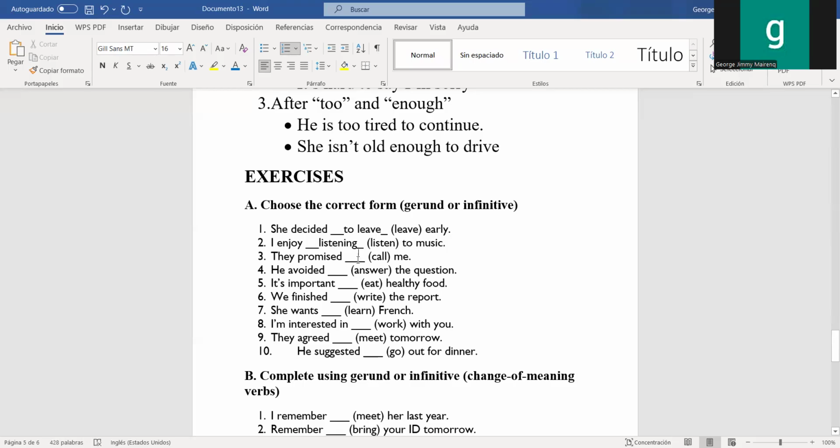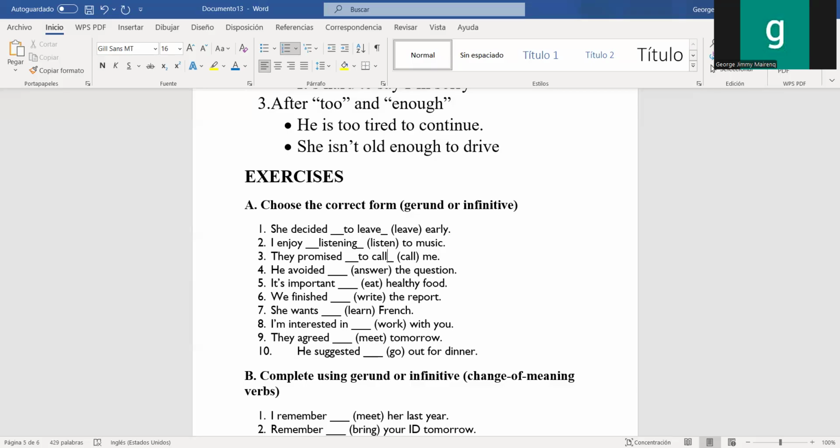What about the third one? They promised me, and we got the verb call. So what is the right answer? They promised to call me, or they promised calling me? Yes, it's to call. Why? Because in the list of the verbs that follow with the infinitive, we got promise.